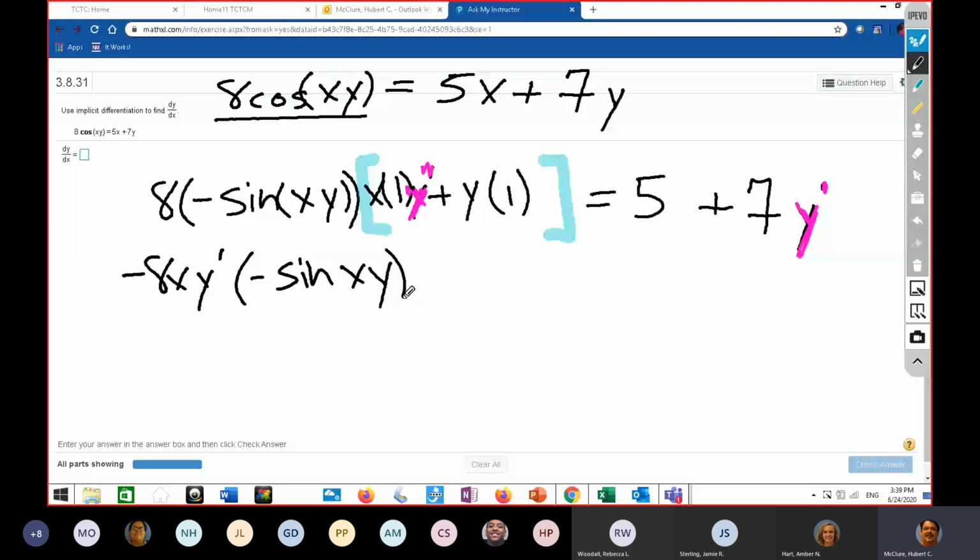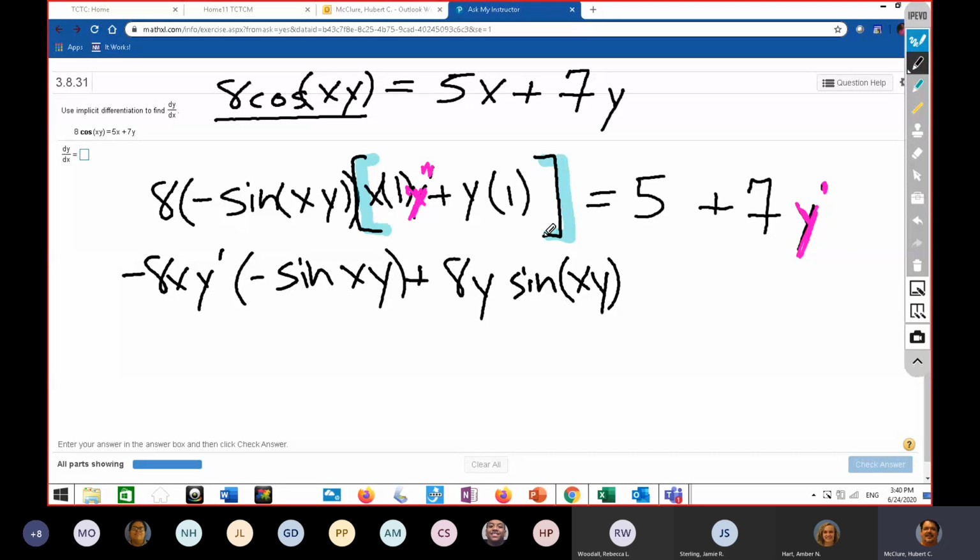So now I've got to distribute the 8 negative sine y. So that's going to be 8y plus 8y sine of xy. Remember these are brackets right here. Now I've got to take this negative, and that negative is going to make this a negative too. So that negative makes this a positive.